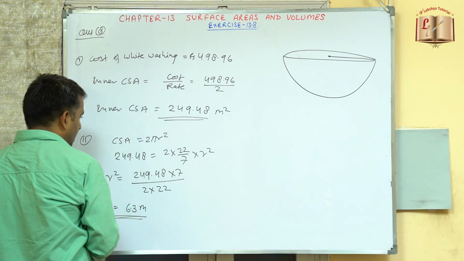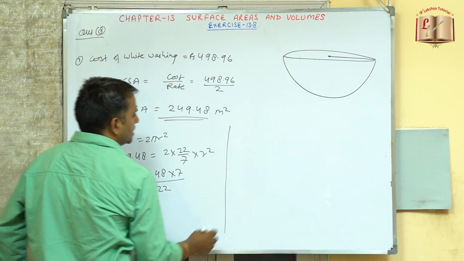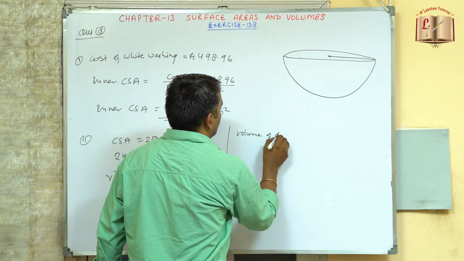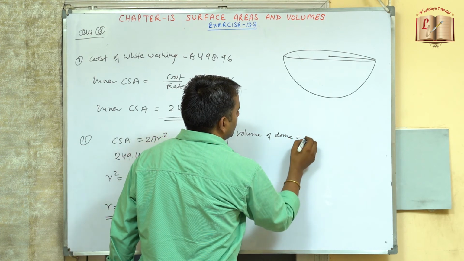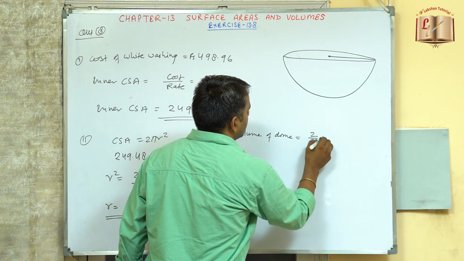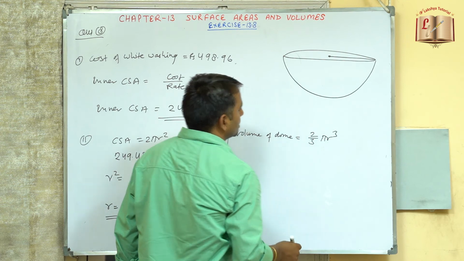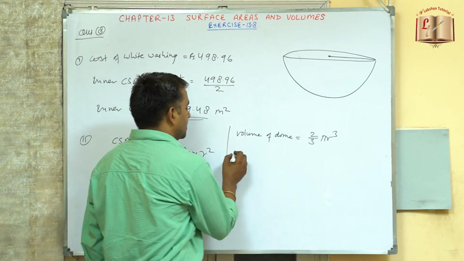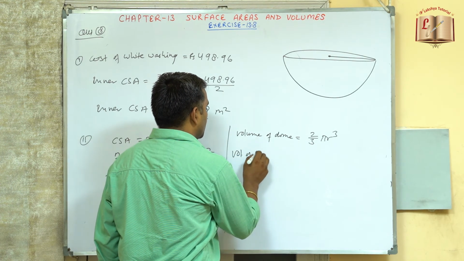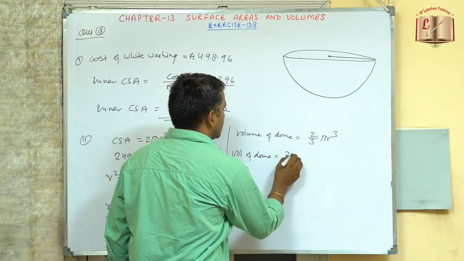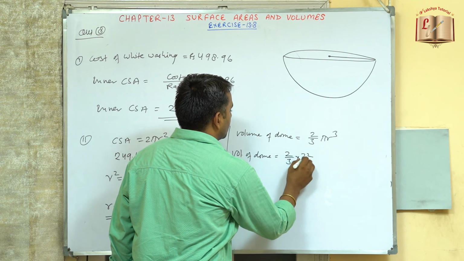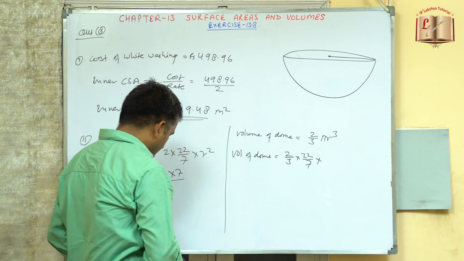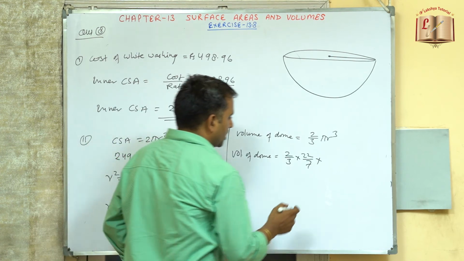Now we need to find the volume of the inside dome. Volume of dome will be equal to 2 by 3 pi r cube, because the dome is of hemispherical shape, so this will be the volume of a hemisphere. So volume of dome equals 2 by 3 into 22 by 7 into r. We have already calculated r, which is 6.3.